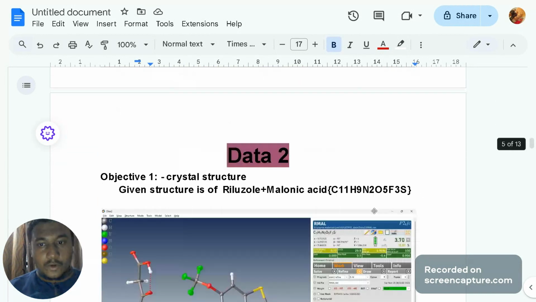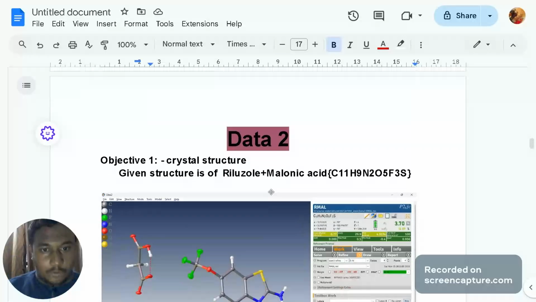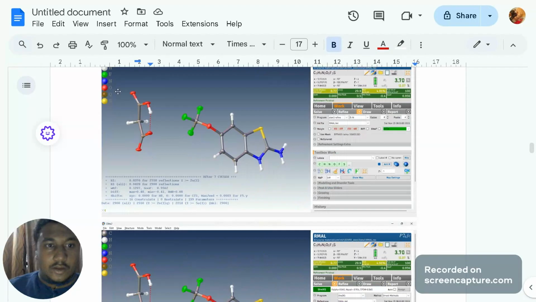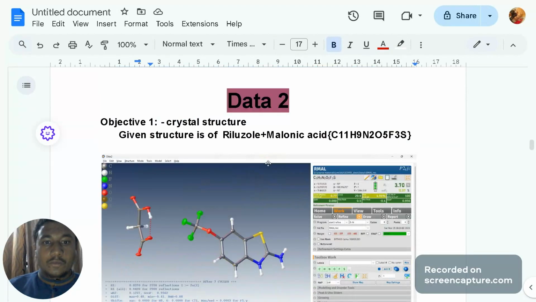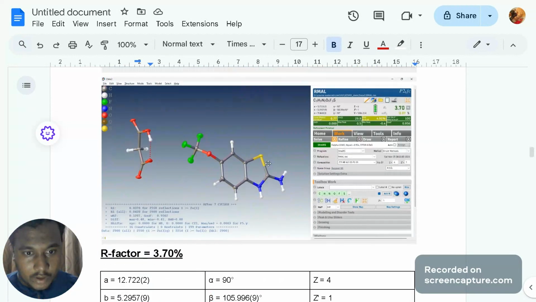For data 2, it is riluzole plus malonic acid, C11H9N2O5F3S. Here also I firstly imported the .hkl file, and for it I selected cycles as 8 and peaks as 6, and ACTA was used. This part is the malonic acid, and this part is the riluzole, both drawn independently.